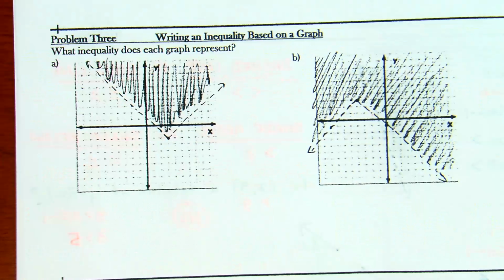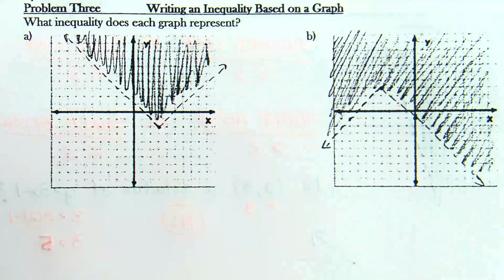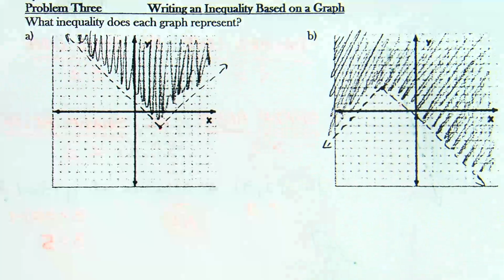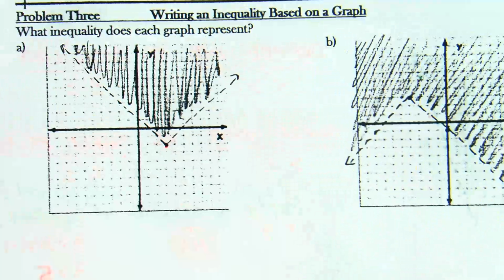Yeah, we're reversing. So I had you guys looking at the vertex for a reason. We're going to need to know some information here. So, what is my vertex? 3, negative 2.